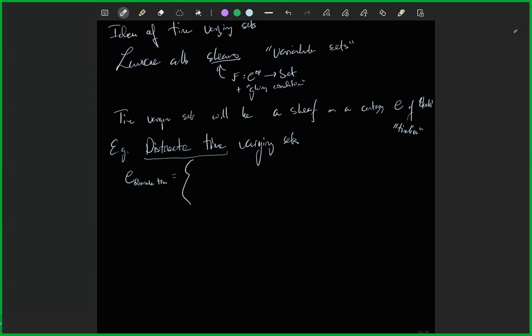A timeline in discrete time, the only thing you need to know is how many ticks have occurred. So the objects are n in the natural numbers, and we think of an object as a timeline in which so many ticks have occurred.